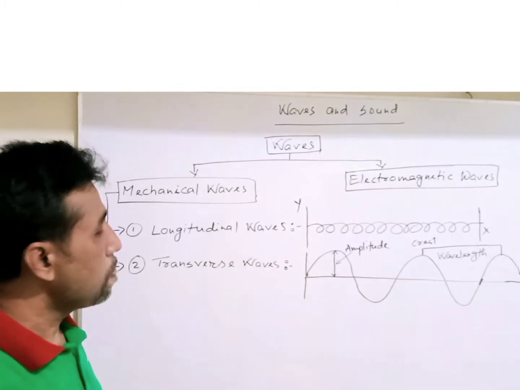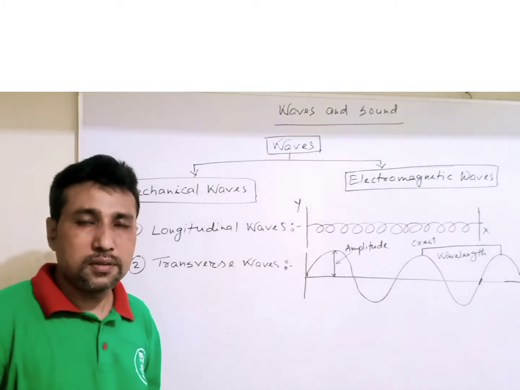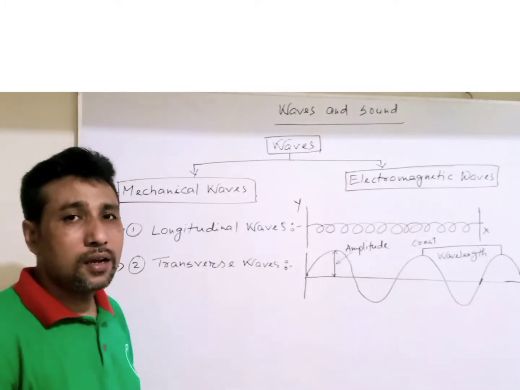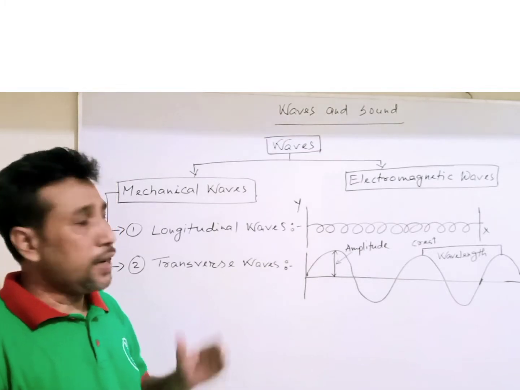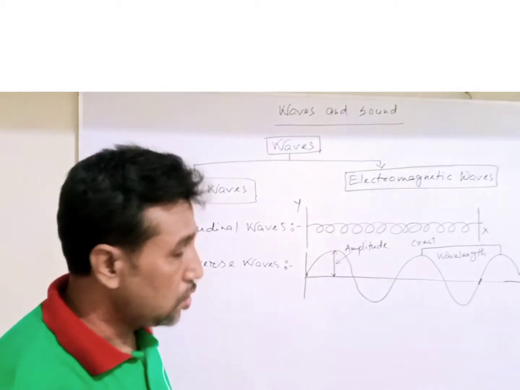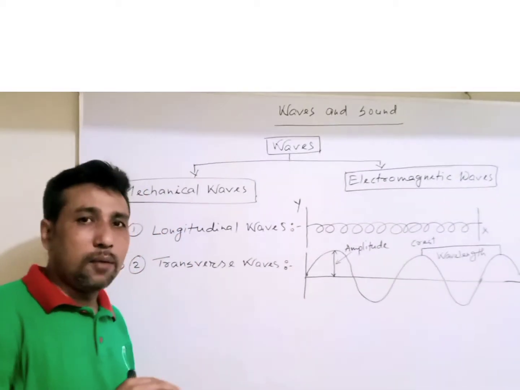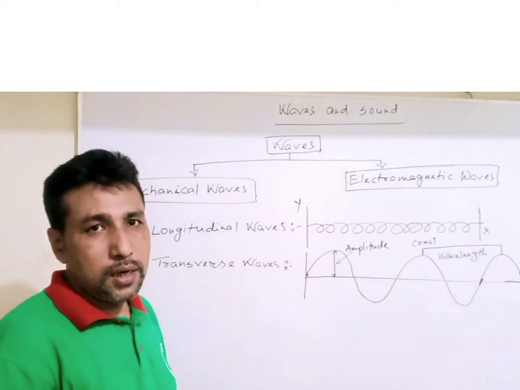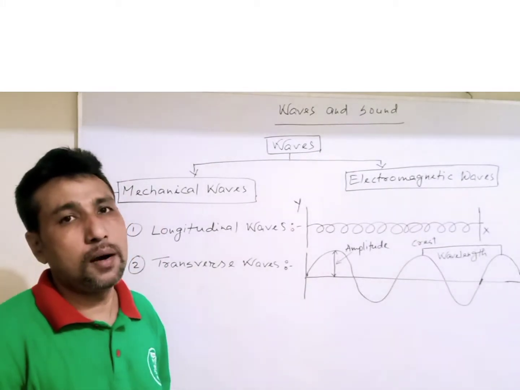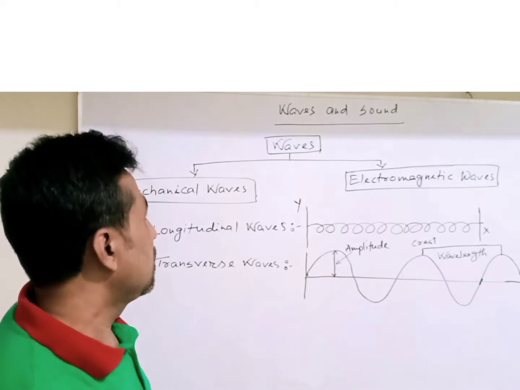Waves means a process or a phenomenon by which energy can transfer from one place to another place through a medium without permanently changing the position of the particles of the medium.